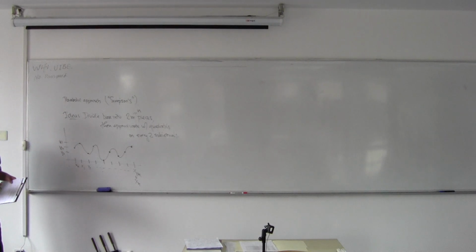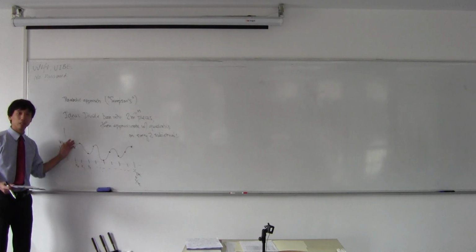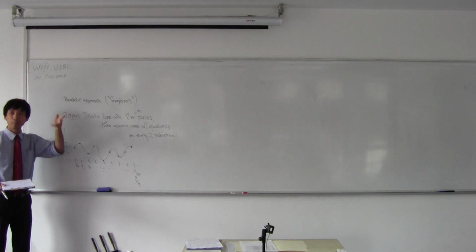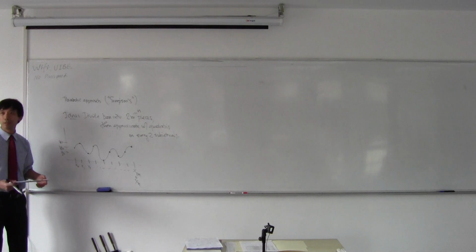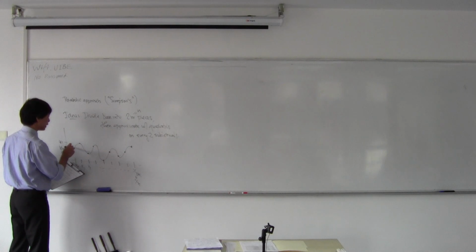The point is that whenever you have three points, you can approximate with a quadratic. Two points determine a line, three points determine a quadratic.